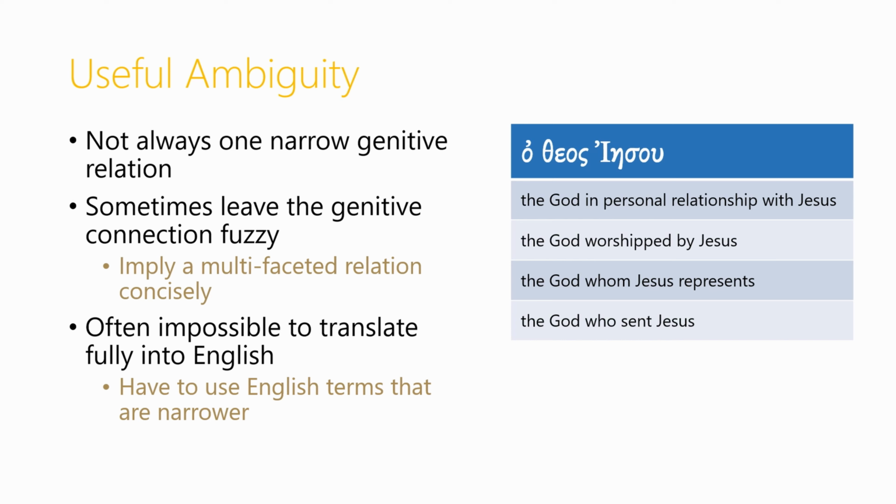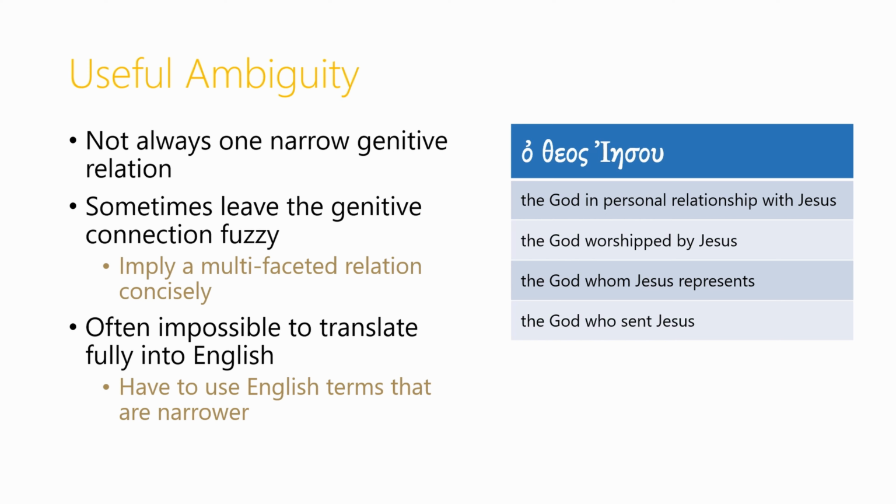And in this case, probably a New Testament writer using this phrase would want us to hear several of these different kinds of relationship. And so the author is actually making use of the ambiguity in order to say several things at once. Now, we need to be careful here not to overuse this idea of deliberate ambiguity. In most cases, we want to ask, what is the specific relationship between the genitive noun and the lead noun?